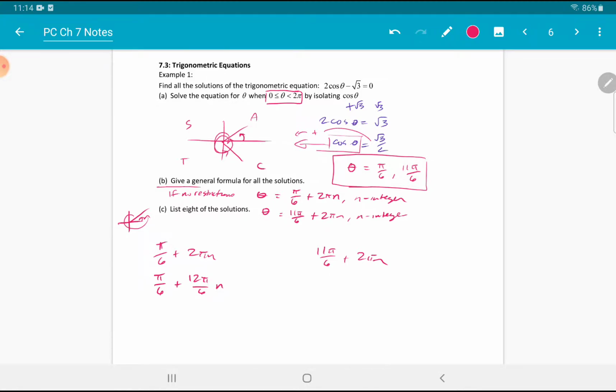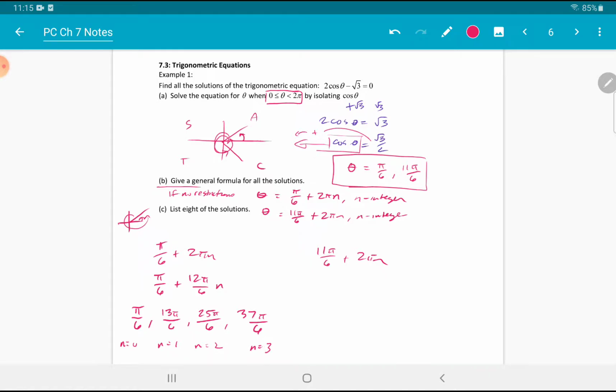And so if we add 12 pi over 6 n, we would get answers like pi over 6, 13 pi over 6, 25 pi over 6, and let's do one more, 37 pi over 6. Just by adding the n, in this case, that was when n is 0, n is 1, n is 2, and n is 3.